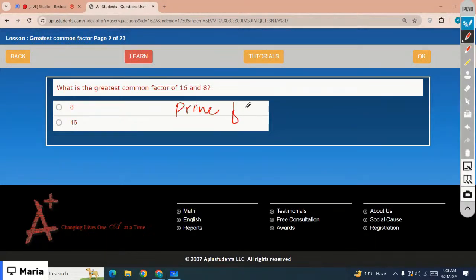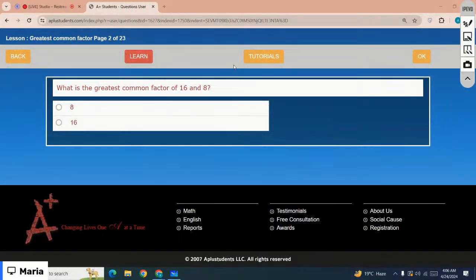The prime factors of 8 are 2 times 2 times 2, and the prime factors of 16 are 2 times 2 times 2 times 2. So these three and these three are the common factors. Good. The greatest common factor of 8 and 16 is 8. The correct option is 8.